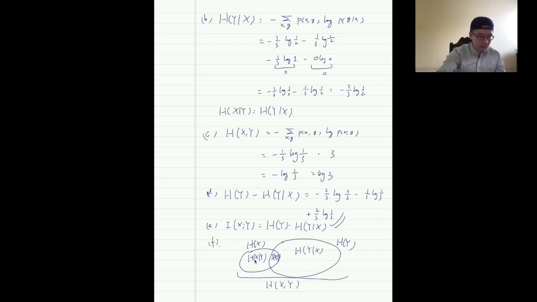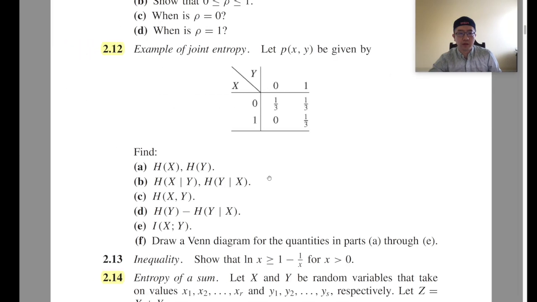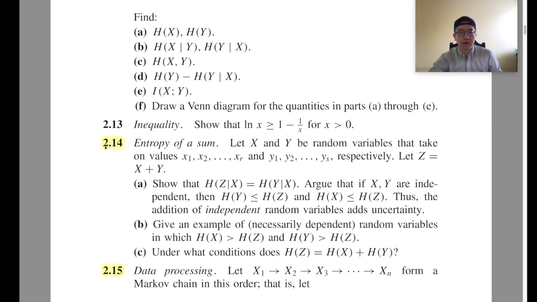Okay, very good. So the next one is part 14, the entropy of a sum. Okay, let's see. In this case, we have two random variables, x and y, and let z equal x plus y, and then we're going to show the following. The first part is to show that hz given x equals hy given x.